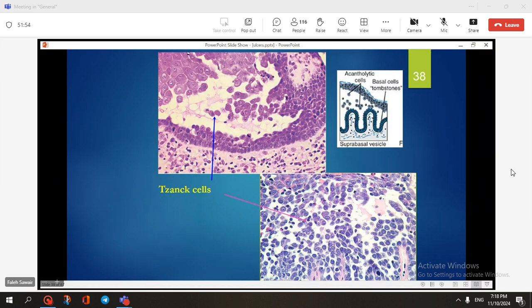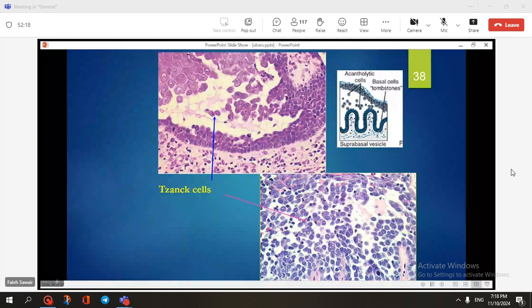And you can see that the basal cells remain attached to the basement membrane. So the separation is suprabasal, in the suprabasal region, and you can see that the cells lost their attachment to each other, so they become round and shrunken.